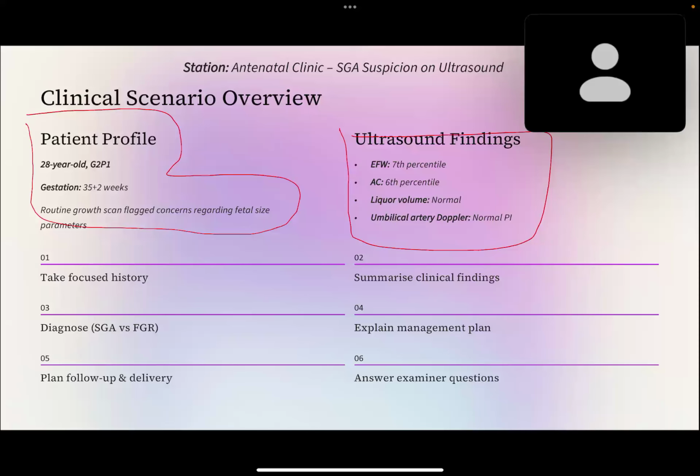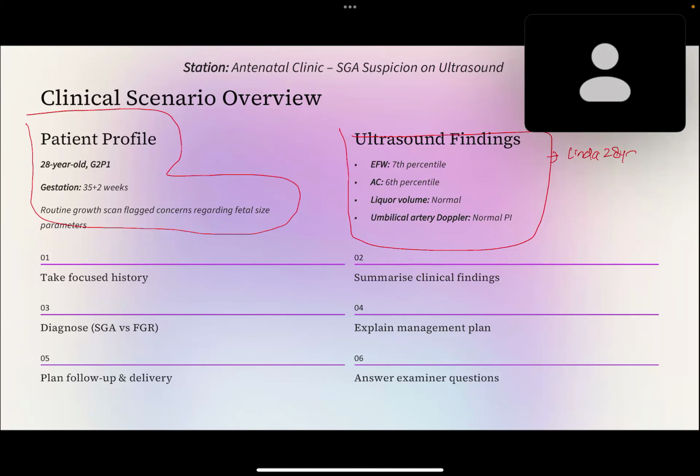My name is Linda, and I am 28 years old. Okay, thank you. Is it okay if I call you Linda? Yeah, that's fine, doctor. Okay, Linda, I'm going to ask you a few questions about your current pregnancy and a few medical and surgical questions.